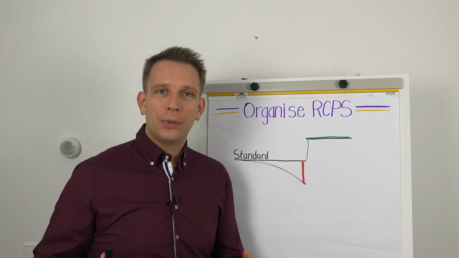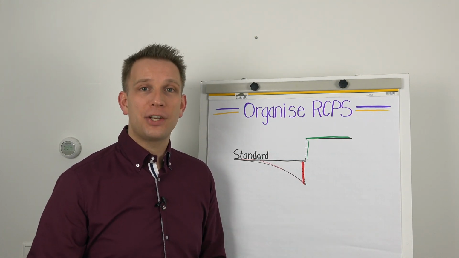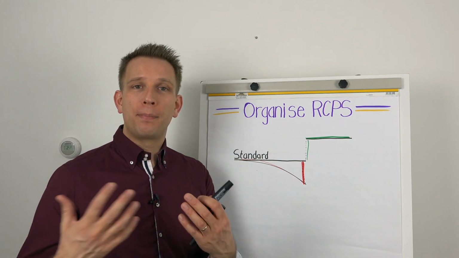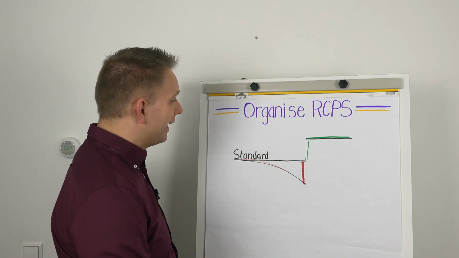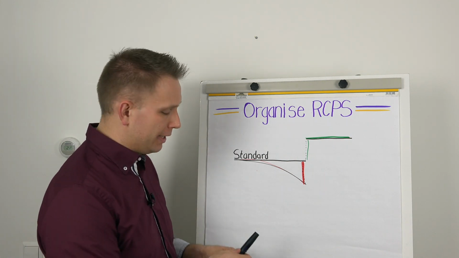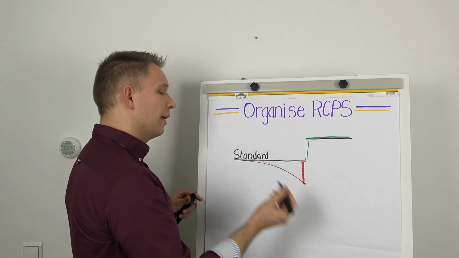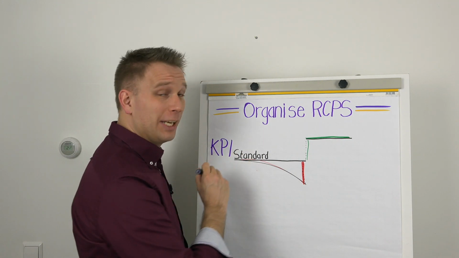Now, what in our organization is the best place where we check these deviations? This is, of course, in our performance control system. So PCS or daily control system or stand-up meetings. Anyway, this is where we have KPIs, because a standard in practice translates to a KPI in performance.